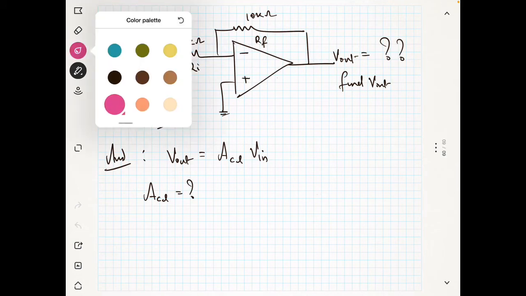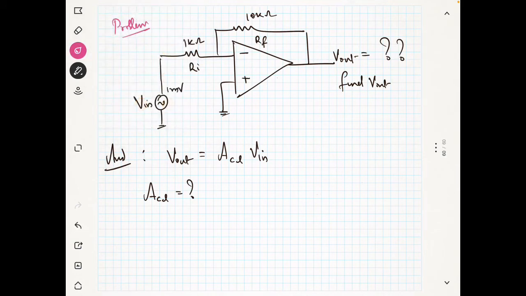Now I will write the Kirchhoff laws. So this is 0 volt, so this is also 0 volt according to the virtual ground concept. Now you can apply the Kirchhoff law here. Let's say this current is I1, this current is I2, and this current is I3. So I1 plus I2 plus I3 is equal to 0.